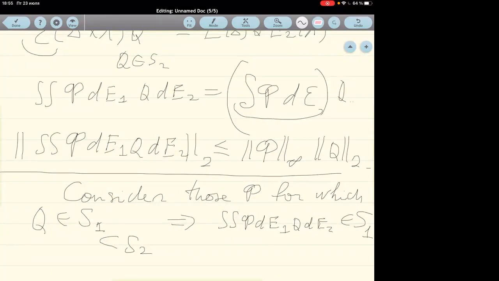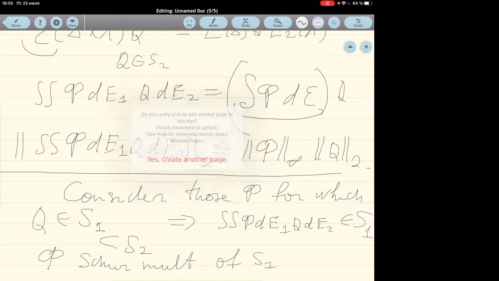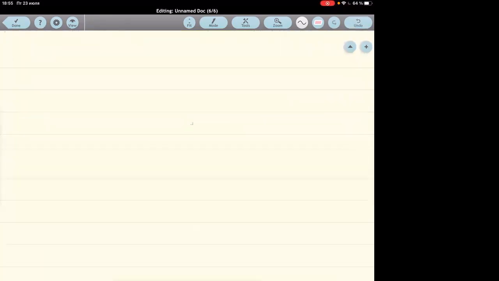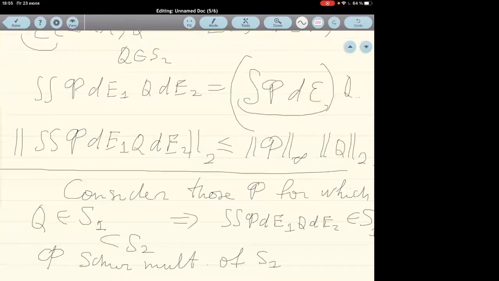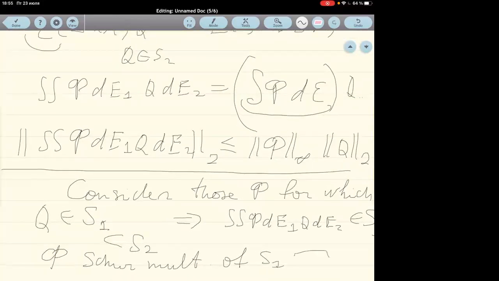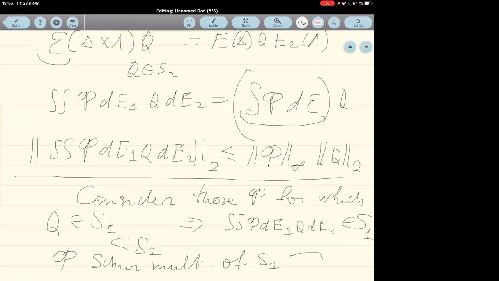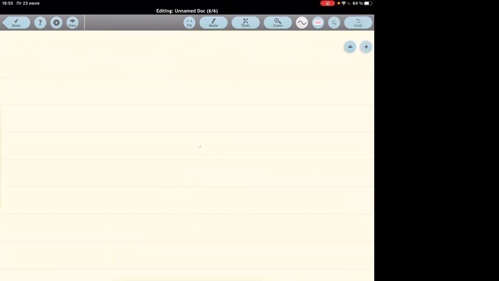And we call such functions phi a Schur multiplier of S1. Then for such functions phi, we can define double operator integrals if Q is a trace class operator.